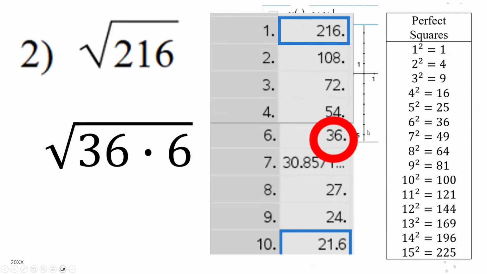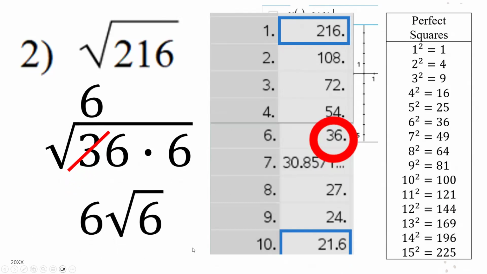Now, the square root of 36, what number times itself is 36, is 6. Remember, use this sheet to go backwards. The 6 pops out front, and then we have the square root of 6 left. The calculator trick helps you produce the list of them, and then from there you can evaluate the perfect square. You're simplifying it down to its basics.